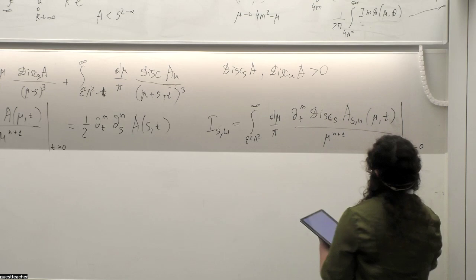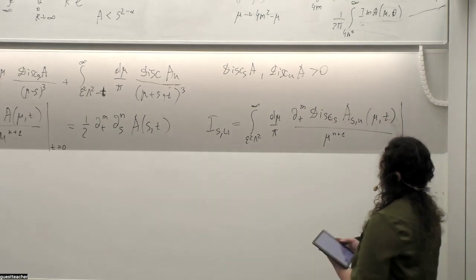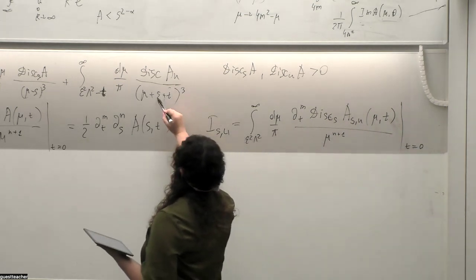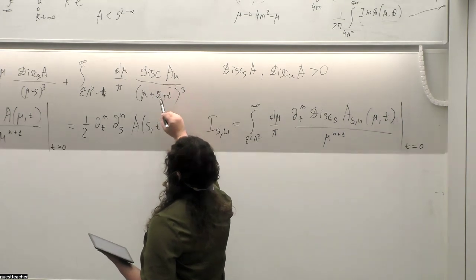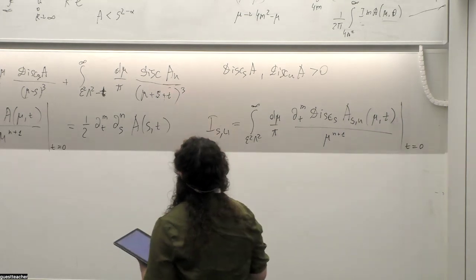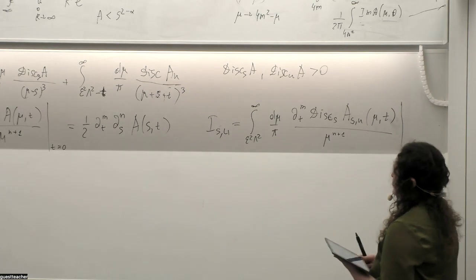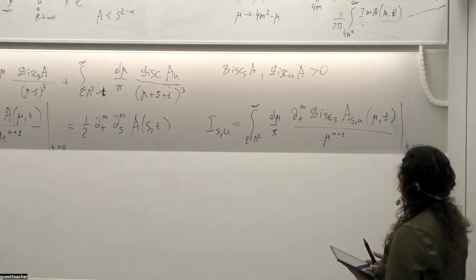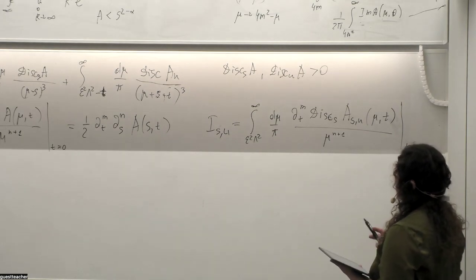It will be taken at t equal to 0. The difference here is that we tend to take this external parameter s to be going to 0 too, but first we take derivatives.